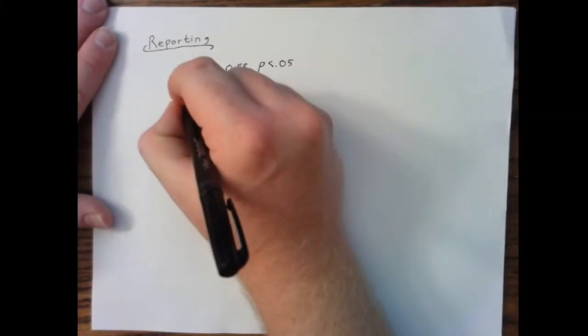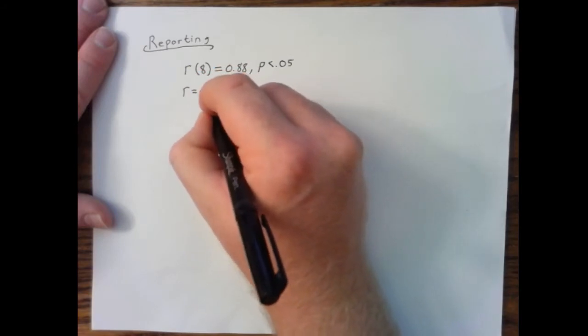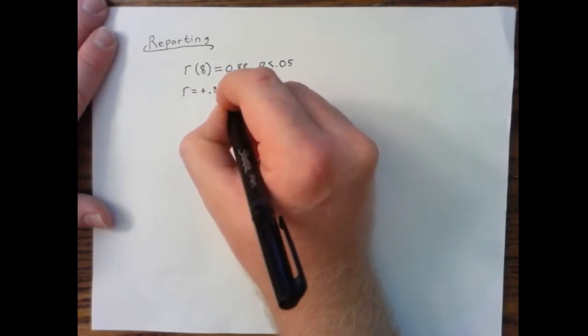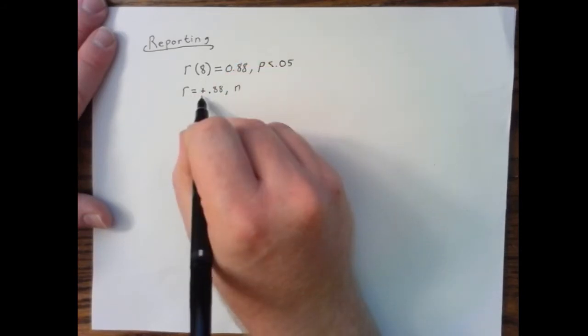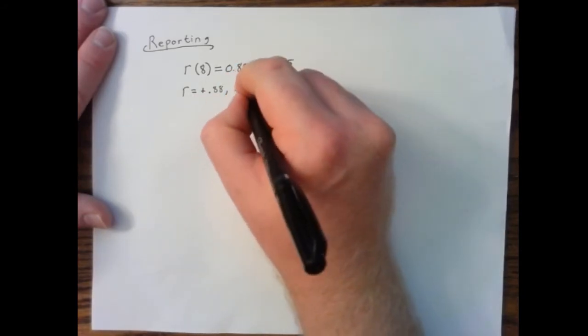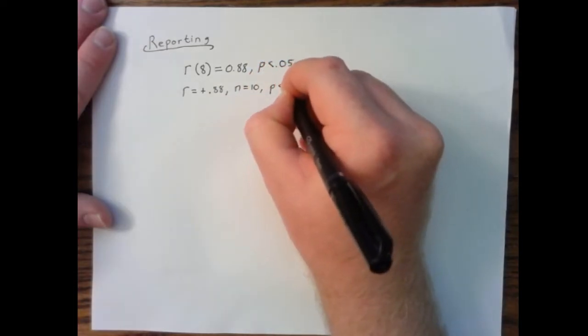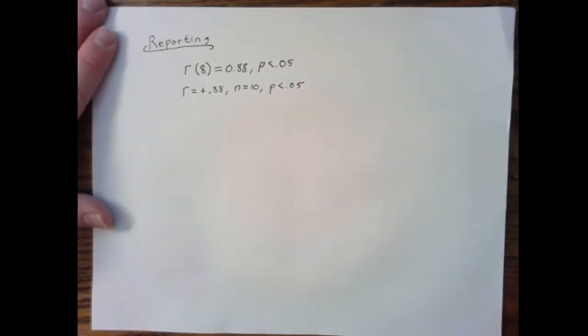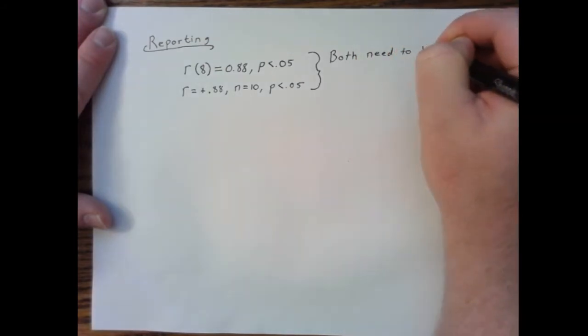In this case, we used a two-tailed alpha of 0.05, and there we go. Now, another way to do it is to state that R is equal to plus 0.88, and then supply the n, which is 10, and this plus indicates that it's a positive correlation, by the way, and then another p-value statement. Now, either way you do it, there is a specific way this needs to fit in the sentence in the text.